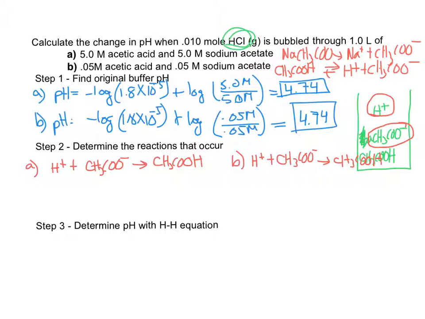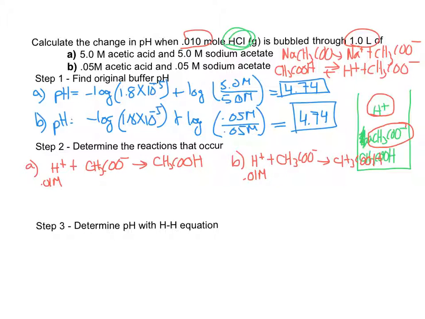So, let's see. My H plus looks like I'm adding 0.01 moles in a liter, so that's 0.01 molar. And that's for both of them, for both buffers.